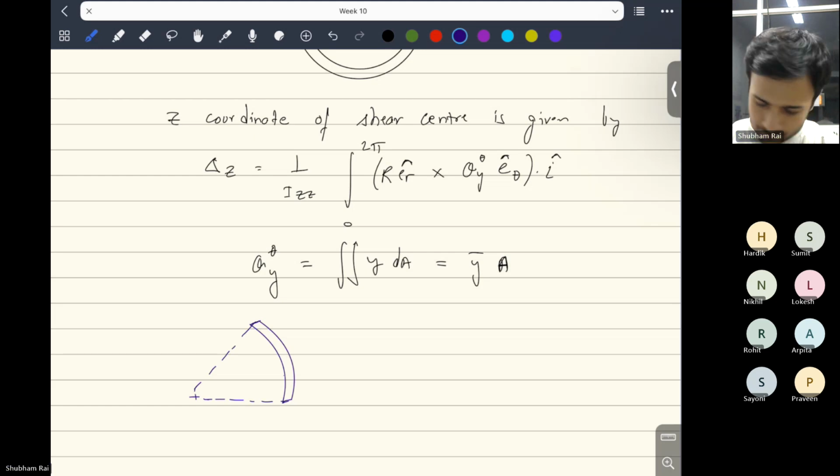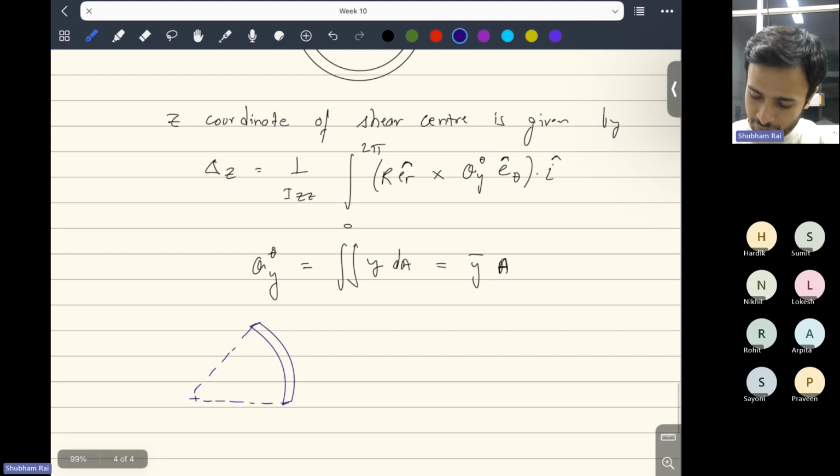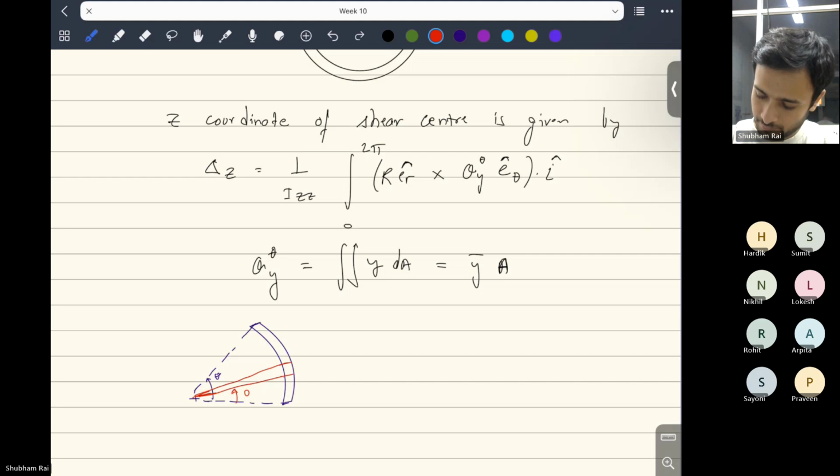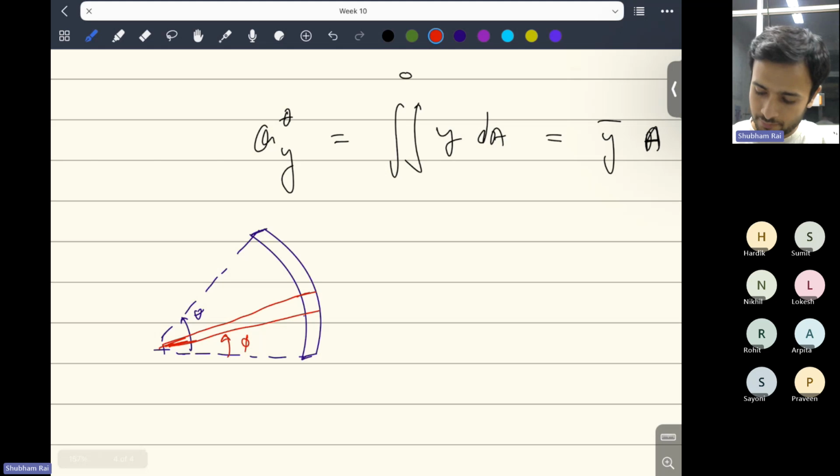So let's say we are at 0, we are starting from 0 and we have reached up to theta. So let's say this angle is theta. And in between, let's say this angle is phi, and we are moving from phi to phi plus d phi. We just enlarge, so this angle is phi, and we are moving from phi to this angle. This angle here is d phi. We are moving from phi to phi plus d phi.